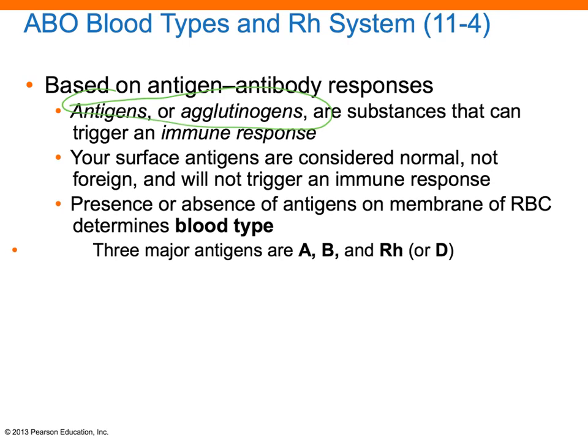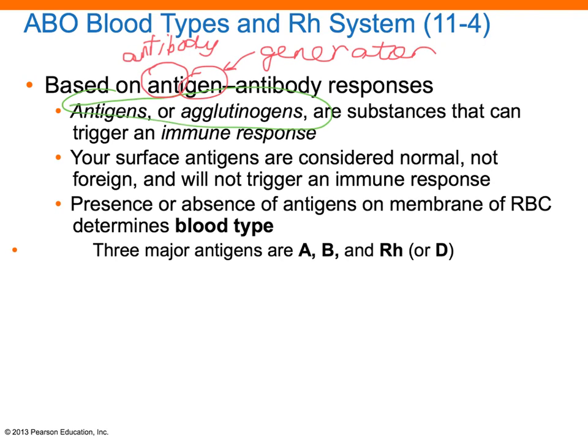And just to make sure that you understand, antigen comes from the term antibody. Anti comes from antibody, and the gen comes from generator. So anything that generates antibodies is something that is soliciting an immune response.